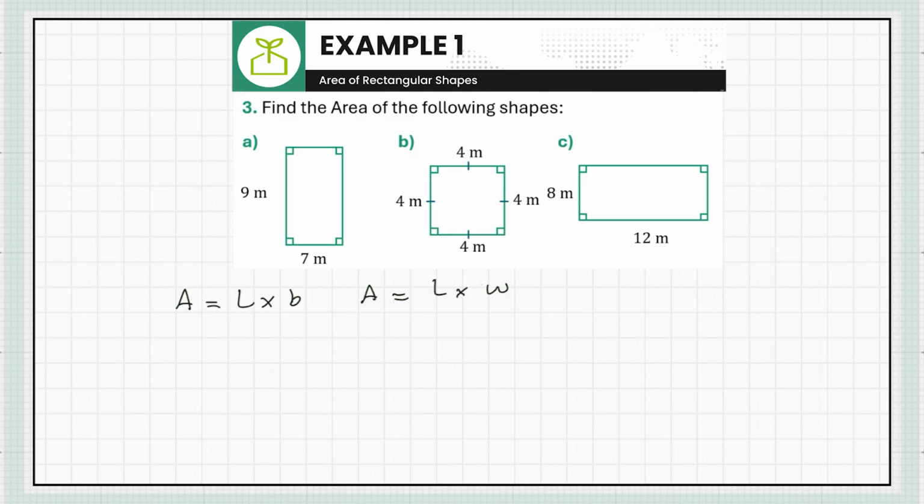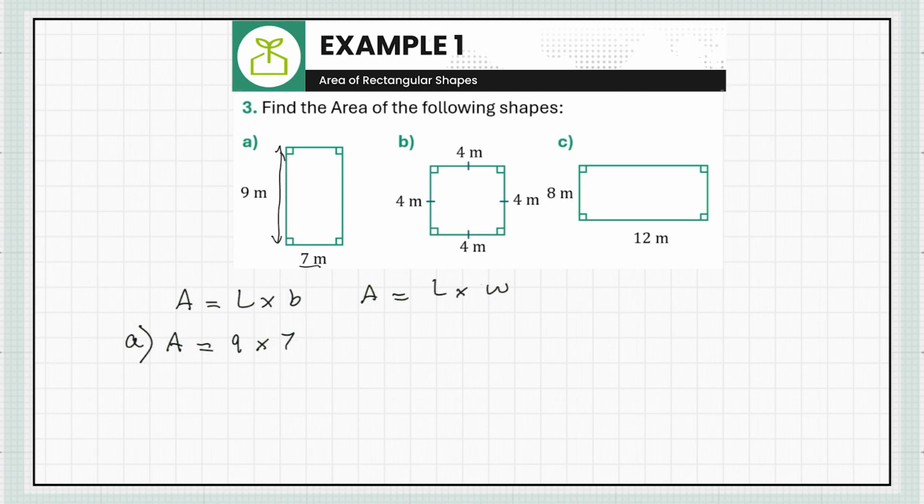Alright, now let's get started with our first one, A. So the first thing we need to do is identify what's our length and what's our breadth. So our first one is our longer side here. So length is going to be 9 and our width is going to be 7, multiplied by 7. Now it's important to know the order here does not matter.